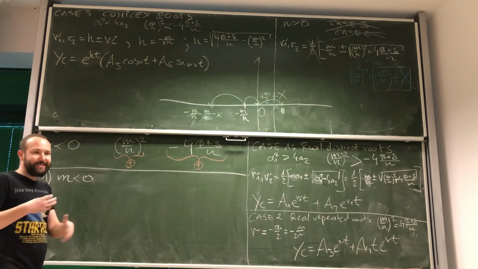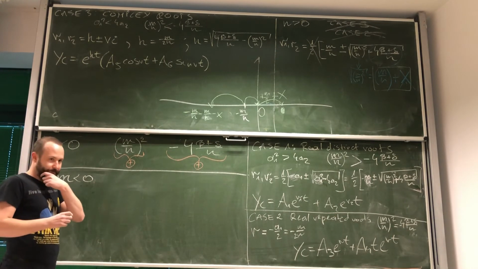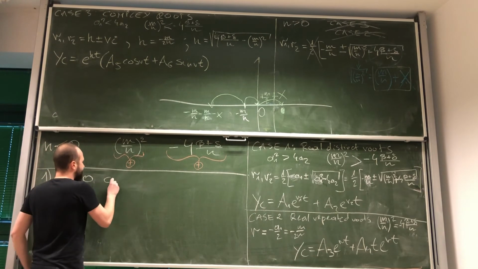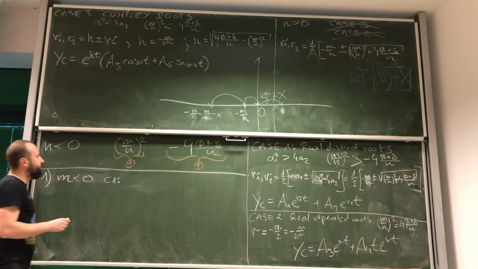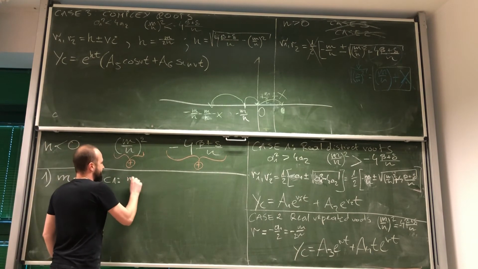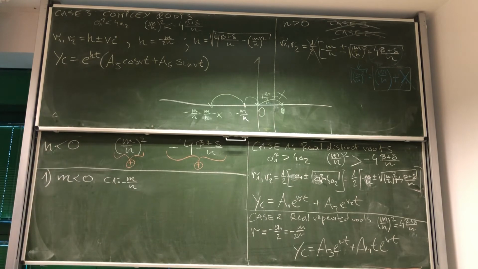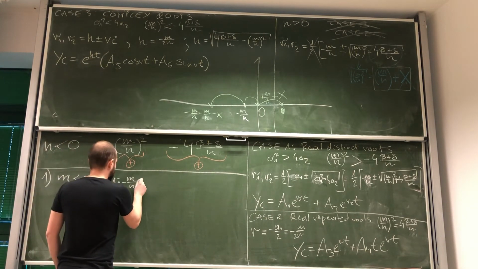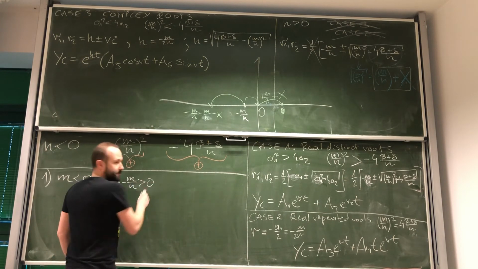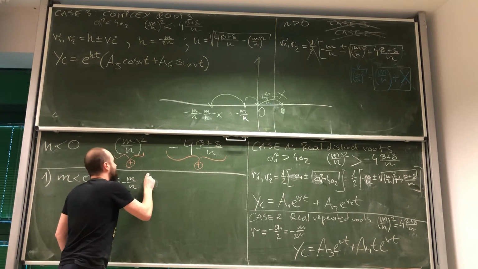Well, but let's look deeper into these cases. Look, we've got, under this, real distinct roots, right? We've got that negative m over n is smaller than 0.